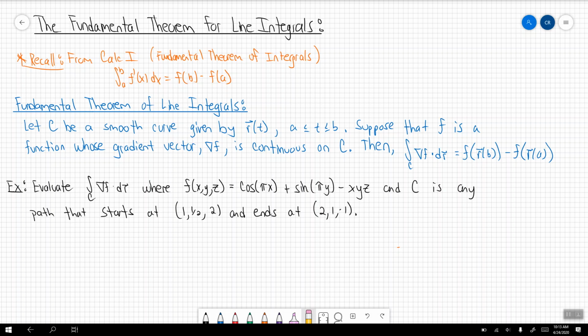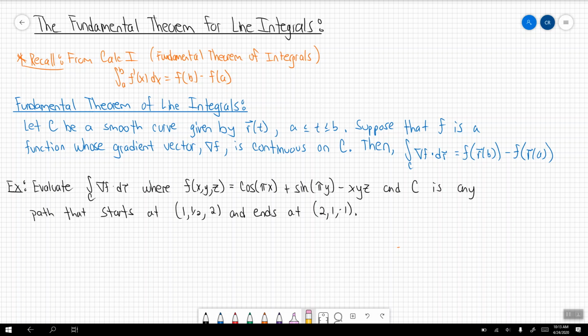Now that was pretty straightforward back in that time, and we want to look at the exact same process here. We're still looking at some smooth curve, defined by a vector parametrized function on some given t interval.